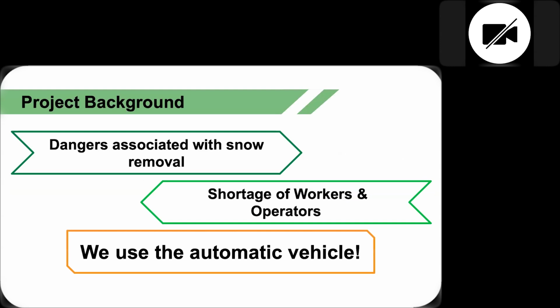These issues cause snow to pile up high on Sapporo's sidewalks, creating many dangers, especially for elementary school students on their way to school. To solve this problem, we need efficient snow removal from both sidewalks and public roads. Therefore, we propose a solution using an automatic vehicle. Next, please.